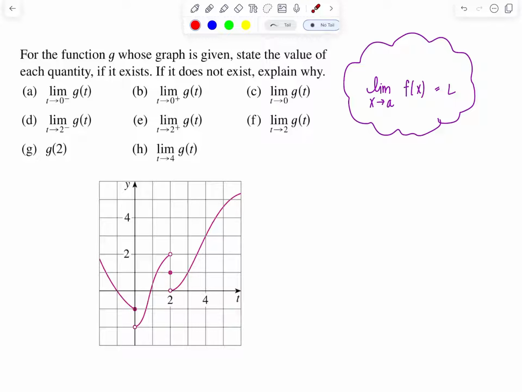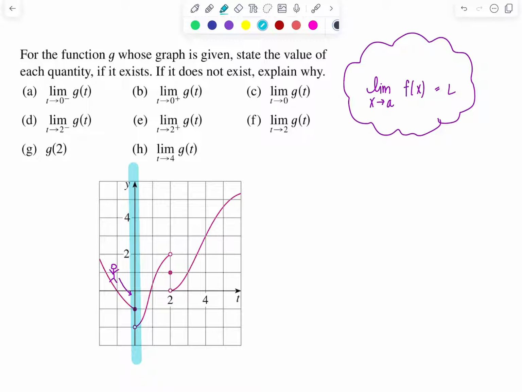So imagine, here's where 0 is, right? You're walking on the graph, always on the graph, coming from the left side of 0. So here you are, or somebody else is, walking towards 0. Remember, 0's right here. You're walking towards that value from the left side of the graph.